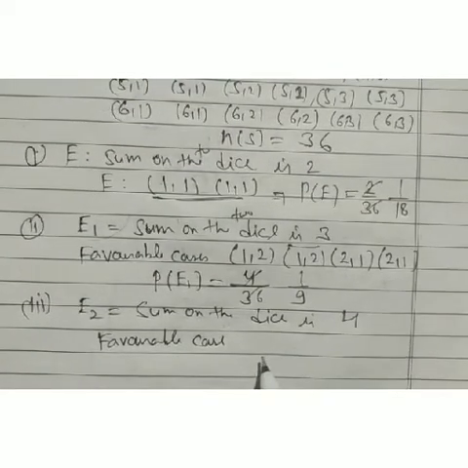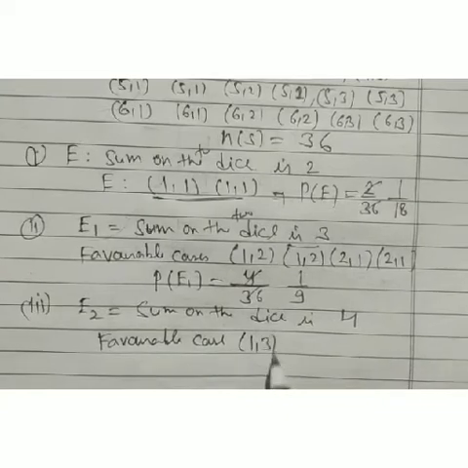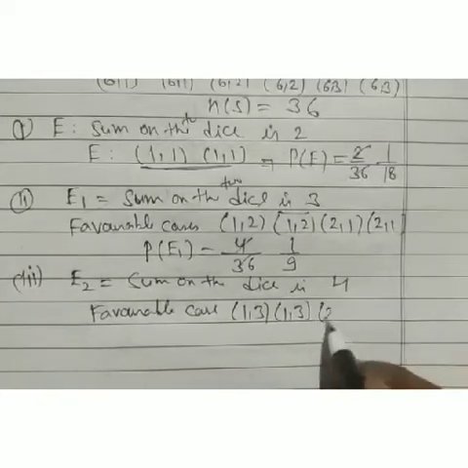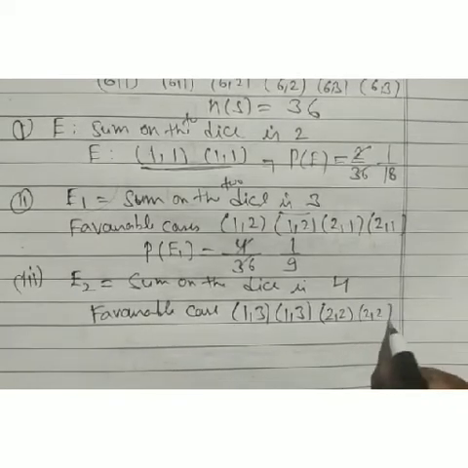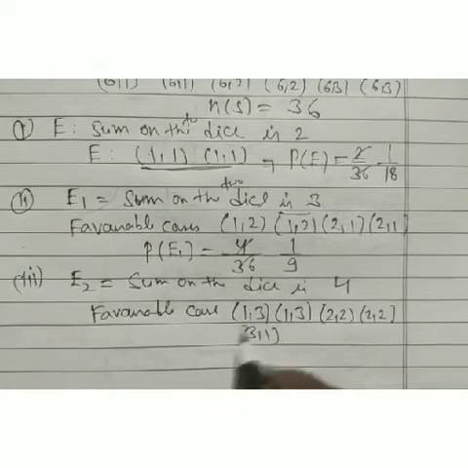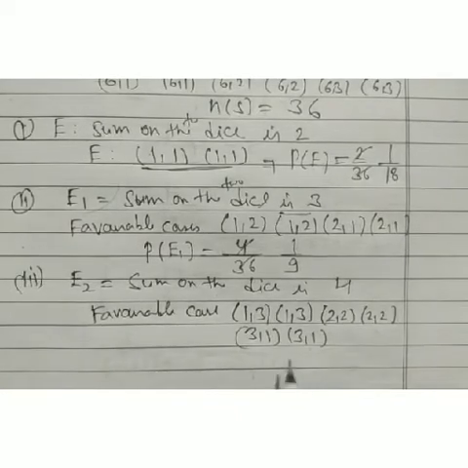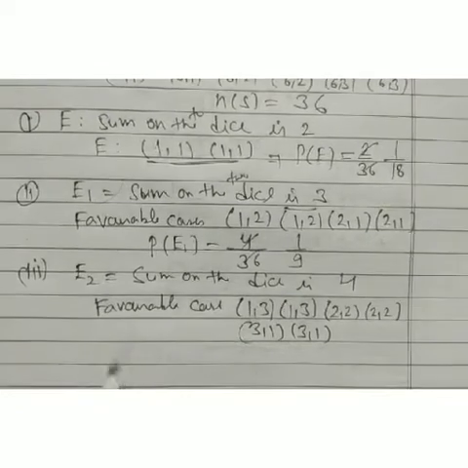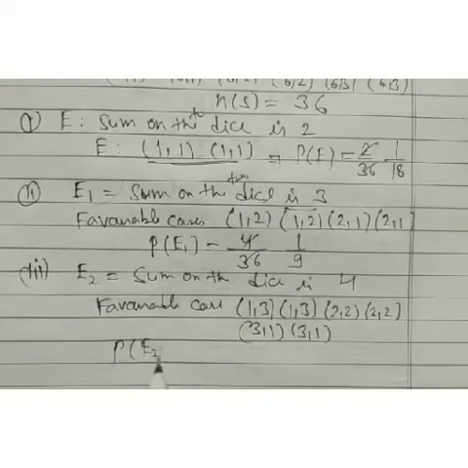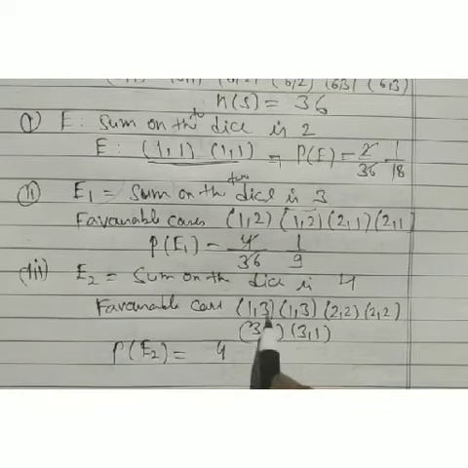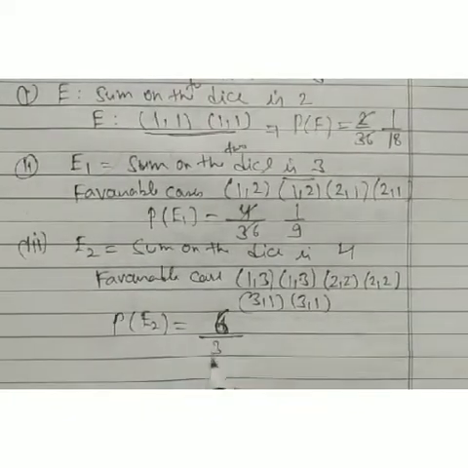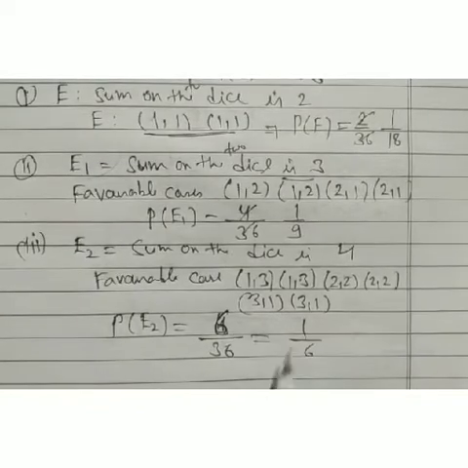It's (1,3), (2,2), (3,1). These are favorable cases. Then in this case, what is our probability? It's 3 upon 36. Then we get 1 by 12.